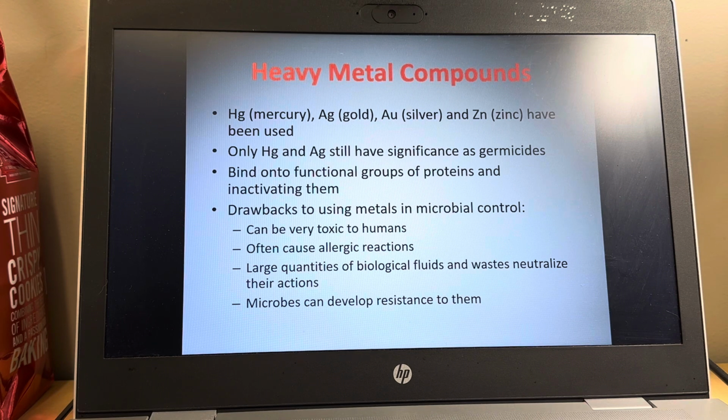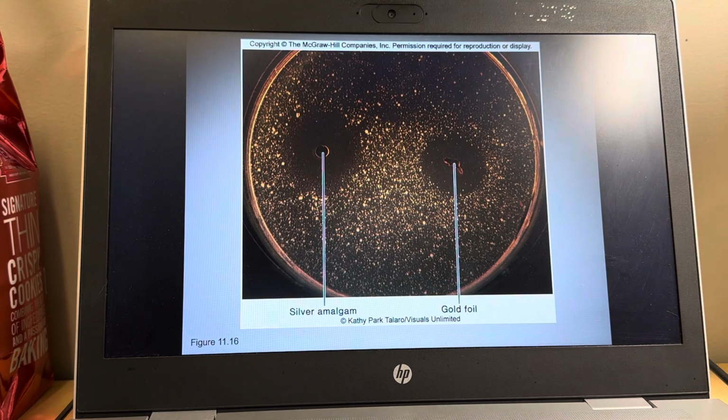They can be very toxic. We know that heavy metals can affect your liver and kidney function. And also, microbes can develop resistance to them. So we don't want that to happen, right? We don't want to use these chemicals that are potentially toxic to humans and then they're not going to kill the microbes anyway. But I wanted to show you an example of these.